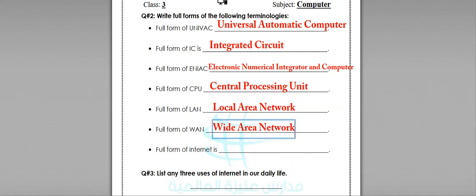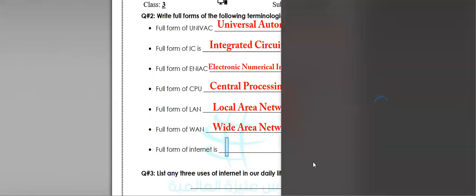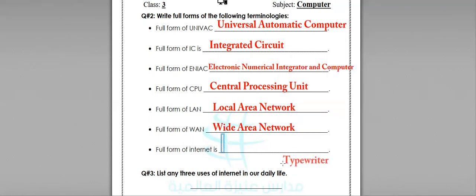Now, full form of internet. The full form of internet is interconnected network. The word inter from internet is taken from interconnected, and net is taken from the word network.